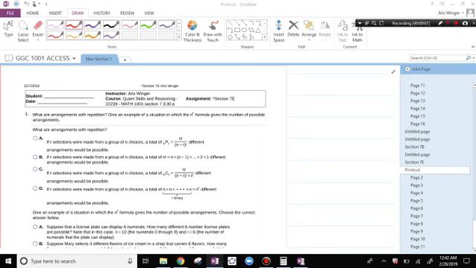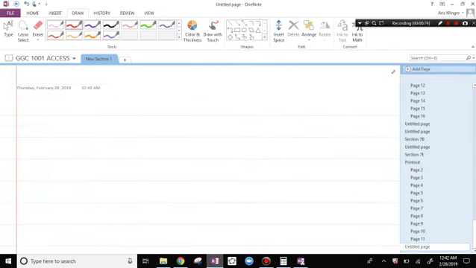All right, we're talking about counting, and so there are going to be different ways of counting, and I want to talk about permutations, combinations, and arrangements. So I'm going to talk a little bit about that first. Let me just add a page here right now. So I added a page.